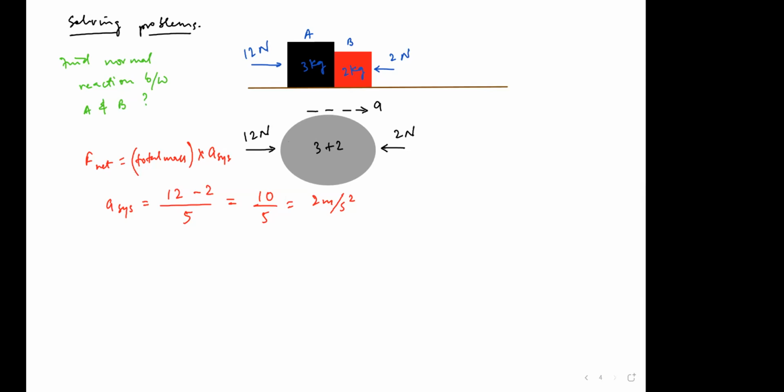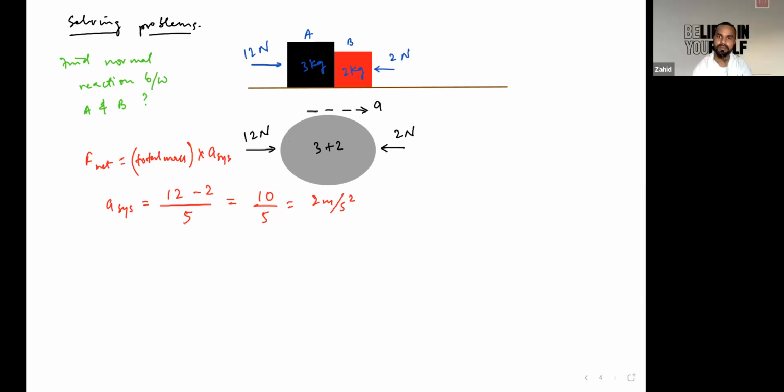Yes, sir. Okay. Now, we have to define one term that is called free body diagram, or you can call it FBD. FBD is nothing but a representation of all forces acting on a body along or opposite its direction of motion.